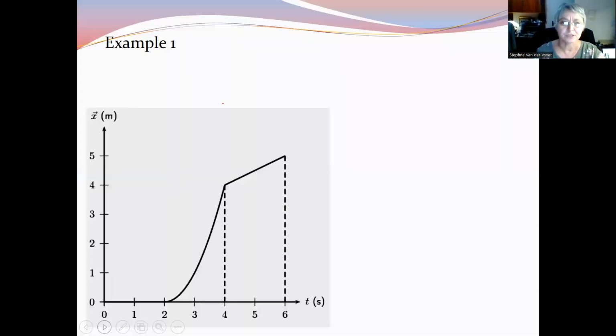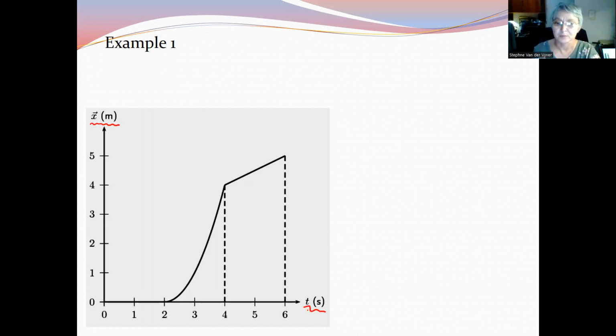And our first example is this graph. Sorry, I'm looking for my mouse. There you are. Okay, so we have this graph. The first thing to do is to find out what graph it is. And we can see here that it's a position time graph.